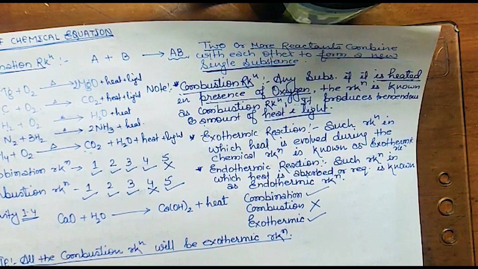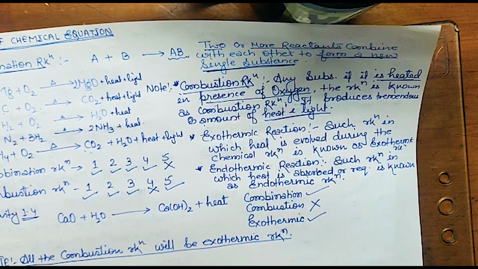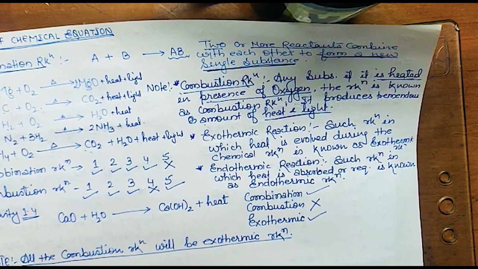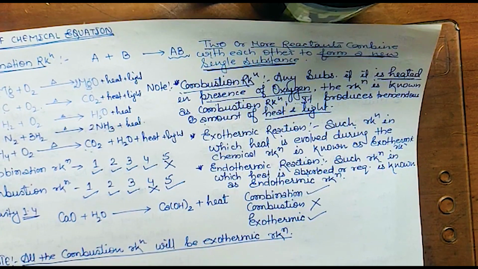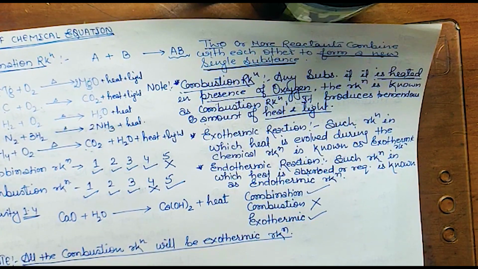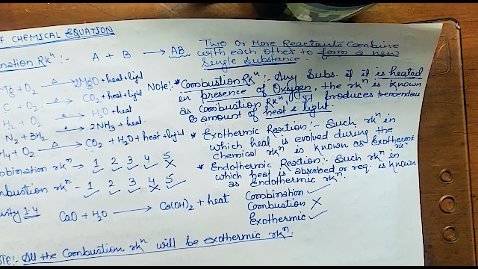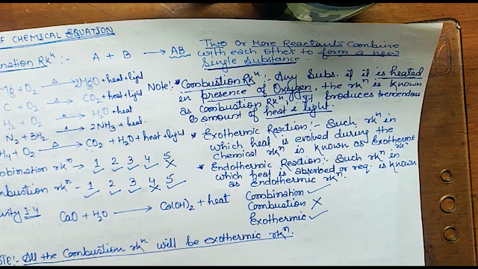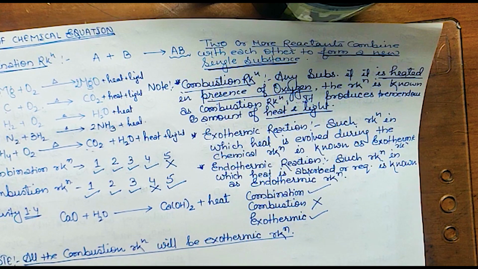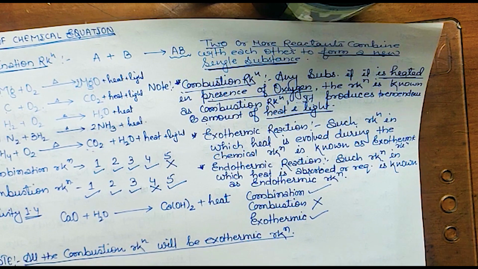Whitewashing, you might have seen. Calcium hydroxide reacts slowly with the carbon dioxide in air to form a thin layer of calcium carbonate on the walls. Calcium carbonate is formed after 2 or 3 days of whitewashing and gives a shiny finish to the wall. A little bit of shine is there.